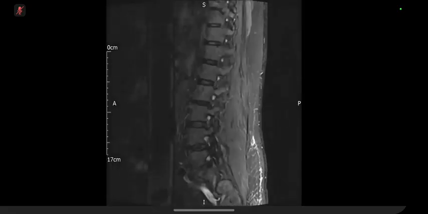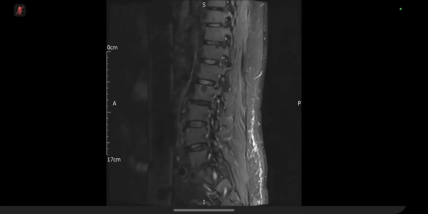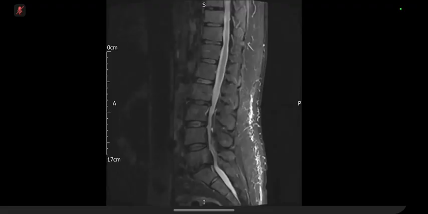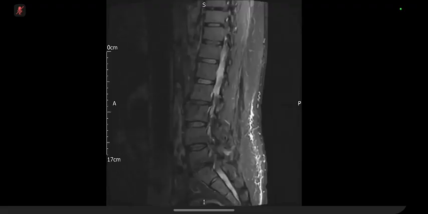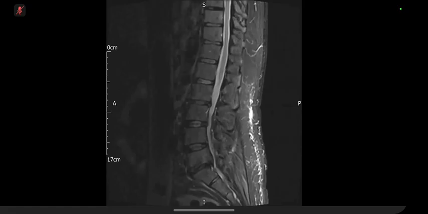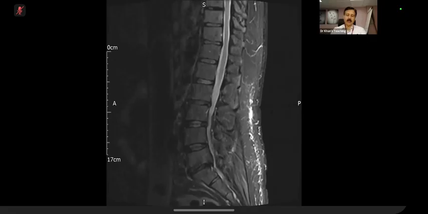So fat suppressed, STIR sequence. Fluid sensitive. Just hold on. The abnormality again is similar to the CSF and cord. Okay, please continue. Next series.